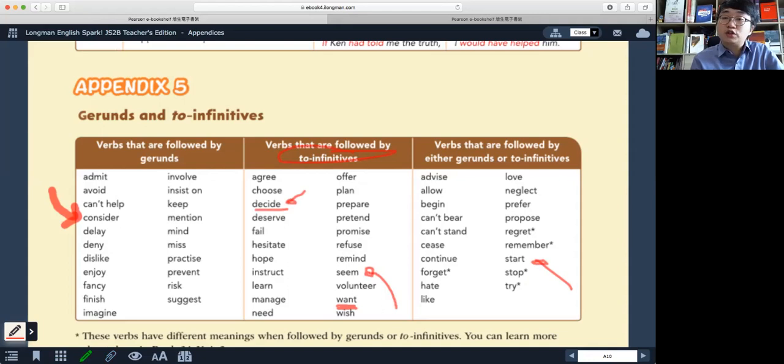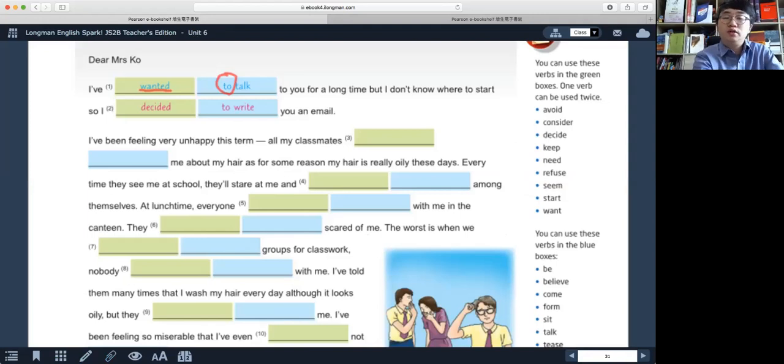It is always followed by a to infinitive. So go back to page 31. This question: I decided what? I decided to write you an email. All right. Okay. So please finish this exercise.